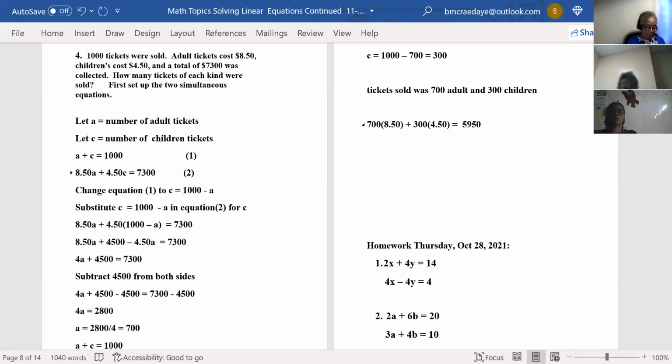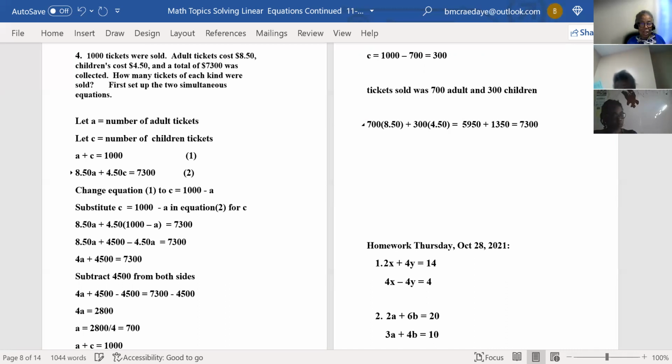And then 300 times 450 is 1350. Okay. So 5950 plus 1350. And what's that equal to? 7,300. Right. So we know it's correct because that was the total.